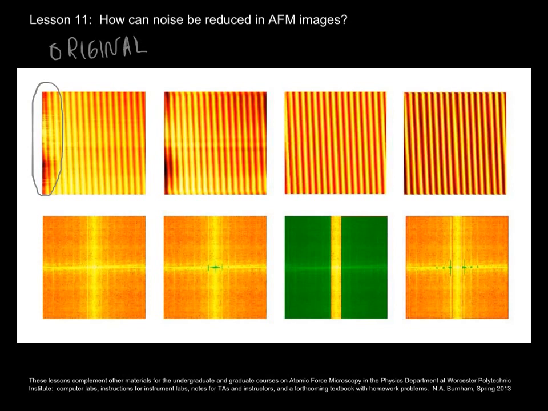So we've got the original on the left-hand side, and the next in the sequence is a threshold filter. And this threshold filter is pretty strong, and yet still the startup artifact is there.